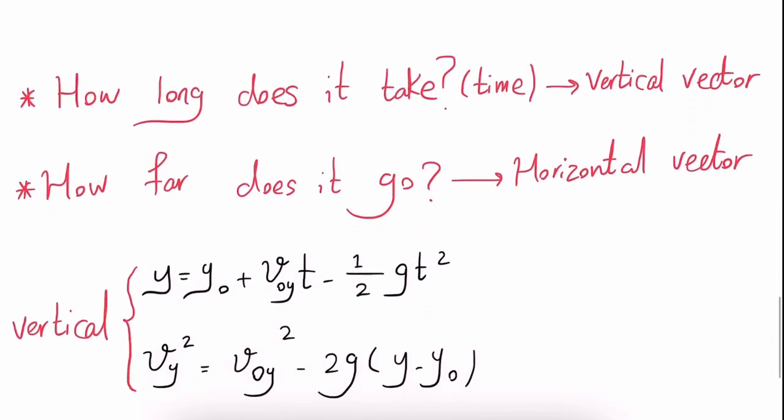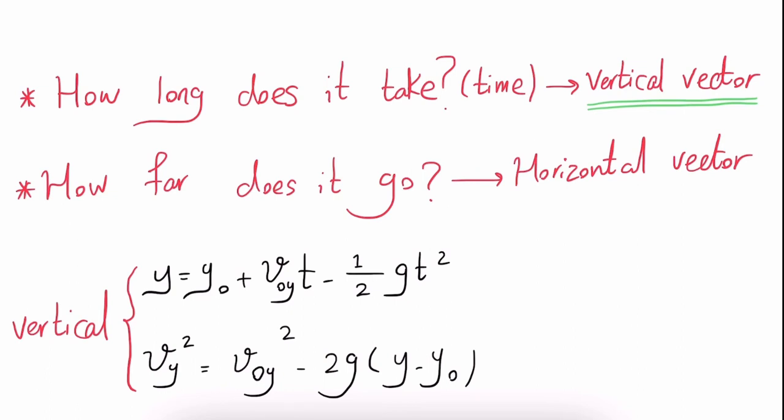Now, when we're given a problem like this, if the problem asks us how long it takes for the ball to reach the ground again, we have to deal with the vertical vector, because that's what determines how long the ball takes to go up and then back down again.